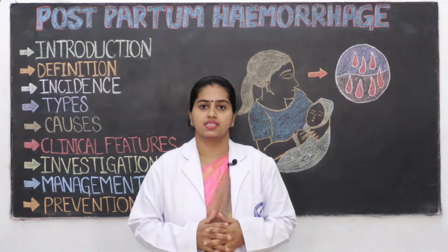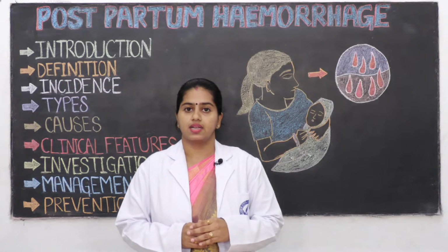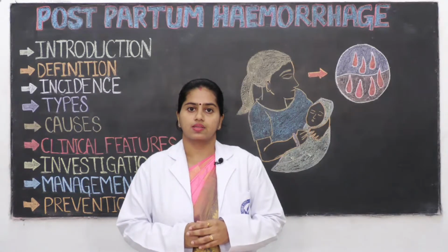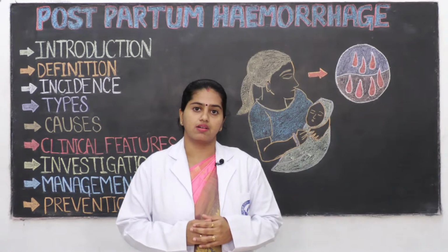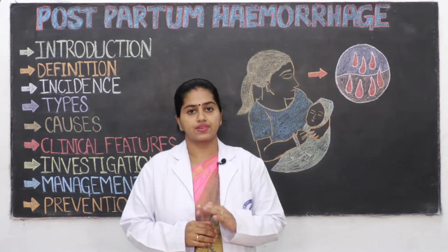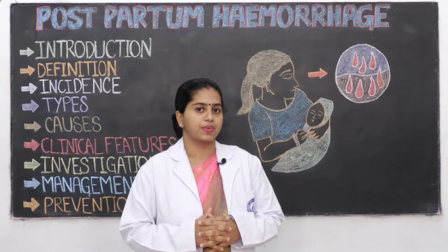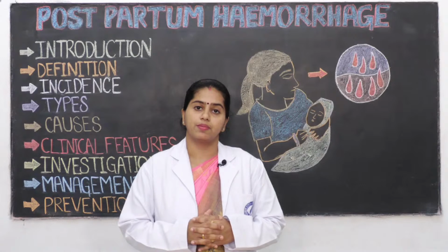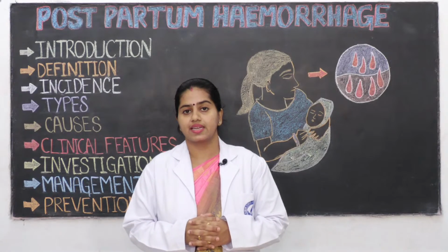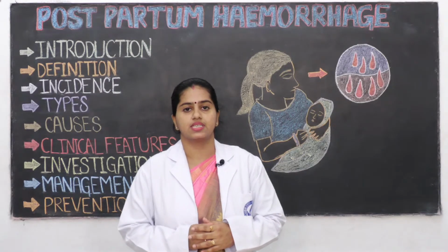So what the definition says is that after the delivery, anytime the woman is having bleeding, that is before the expulsion of the placenta, or along with the expulsion of the placenta, or after the expulsion of the placenta till the puerperium period, at any period if the woman is getting bleeding, then we can tell it as a postpartum hemorrhage. Once again, I will repeat the definition.